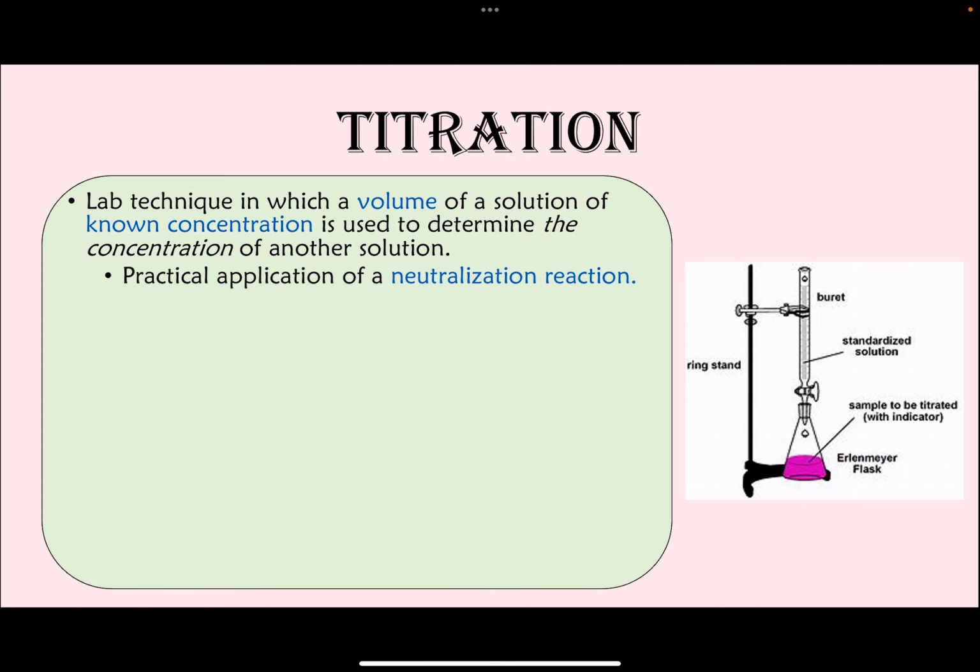This is the practical application of neutralization. We apply the concept that when acids and bases combine, they neutralize each other. And so if we add an indicator, we can see the changing color that can help us determine that now we have a neutral solution, and determine the concentration of the other thing.